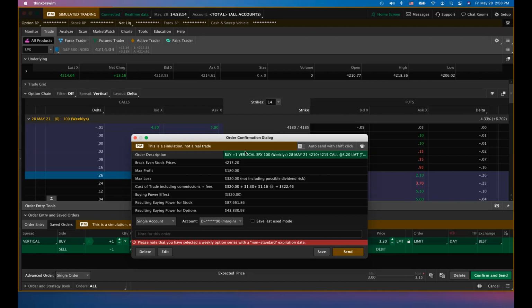So that's the difference between doing verticals on equities and on indexes. You can do it on both, on pretty much anything, but just know that how they're settled at the end of expiration is different.